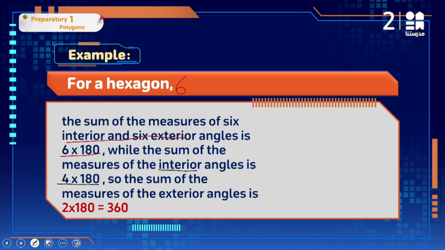So it is 2 times 180, which is 360. In our polygon, the exterior is outside and the interior is inside, and the sum is 180 because they are supplementary or straight angles.